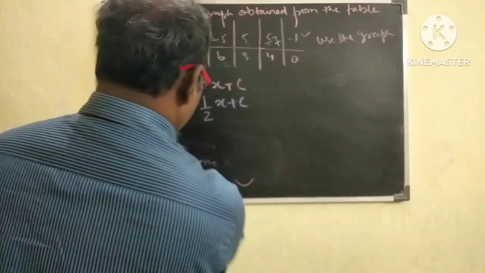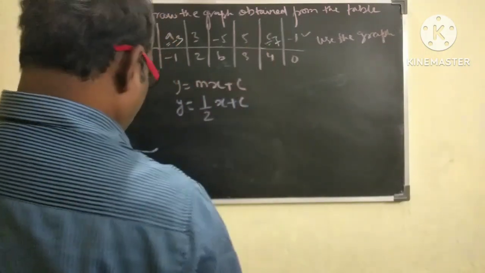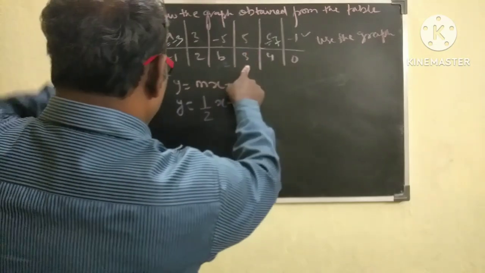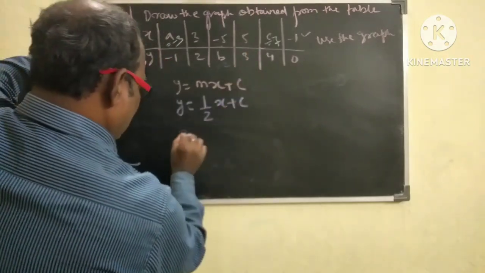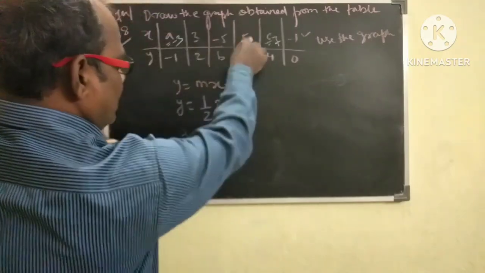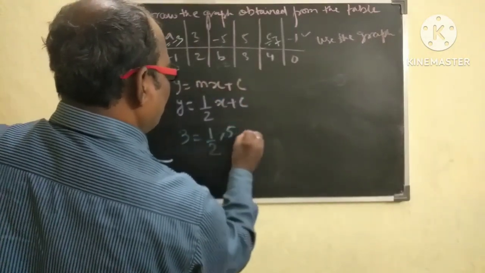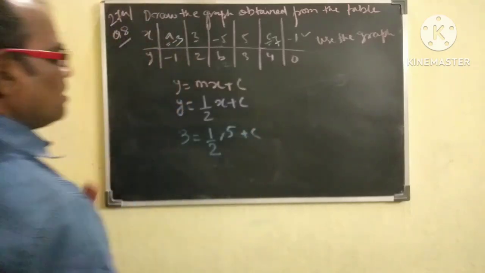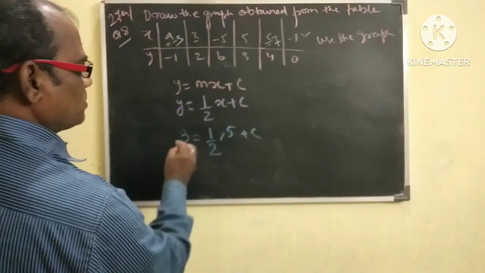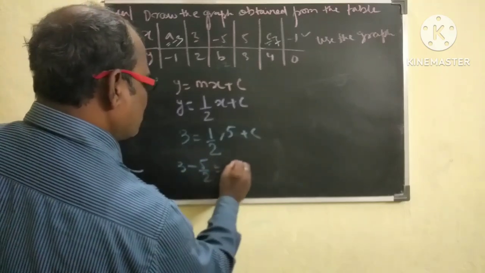Now since this line also passes through 5 and 3, we can write, instead of y, 3 equals half into 5 plus c. Now 5 by 2, if it comes over here, it becomes 3 minus 5 by 2 equals c.